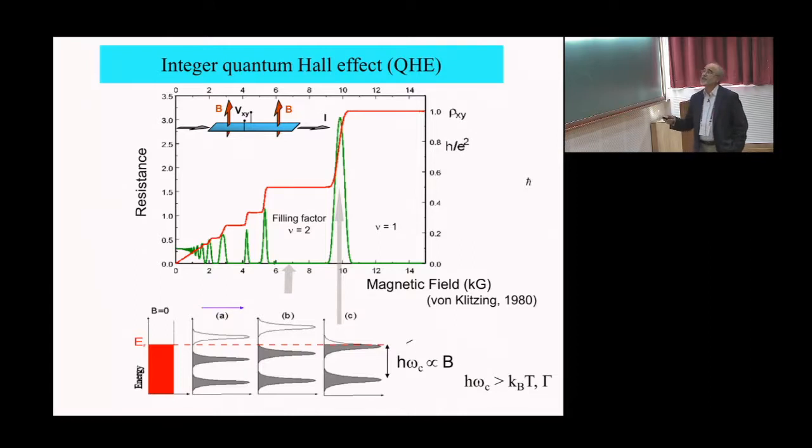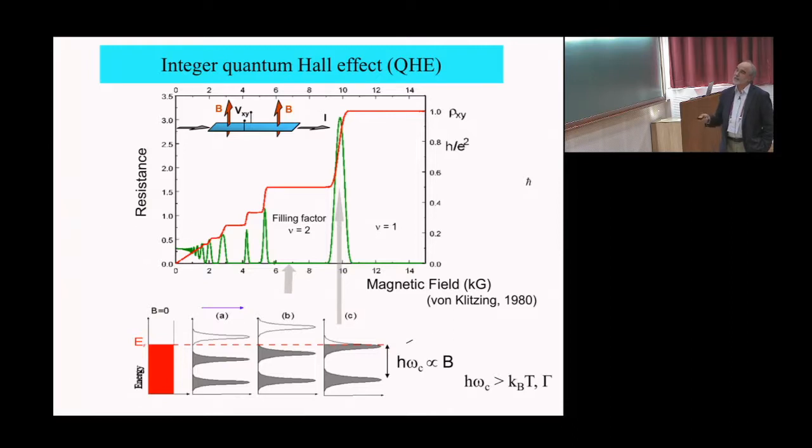That corresponds to h over n e squared, where n equals 1, 2, 3, 4, and these are quantized to 1 part in 10 to the 10 and used as a standard, along with atomic clocks, to define the various fundamental constants of nature.